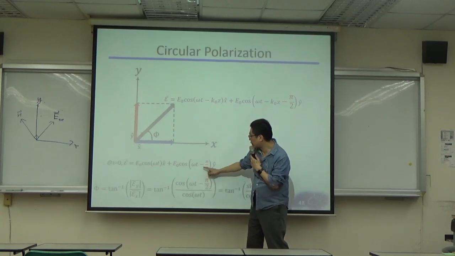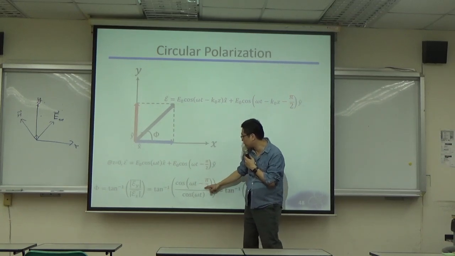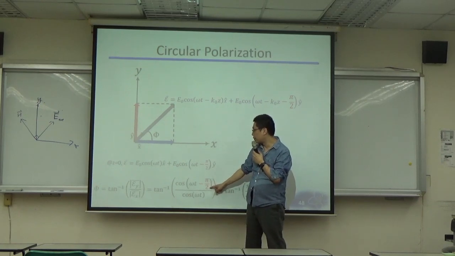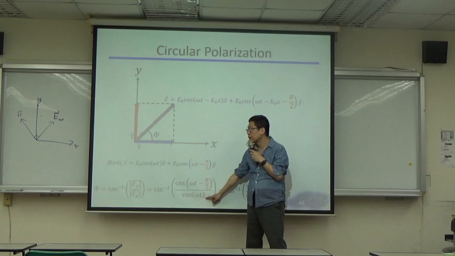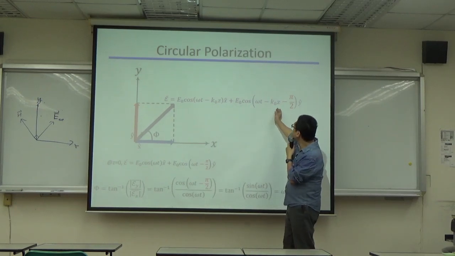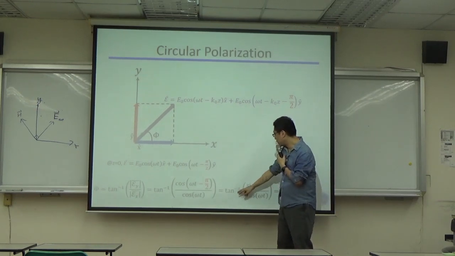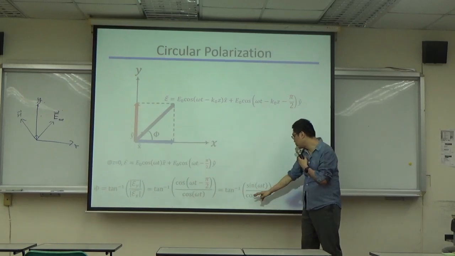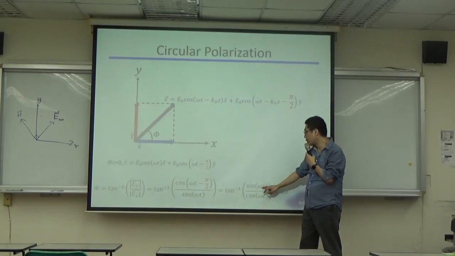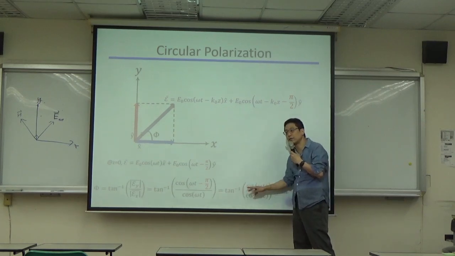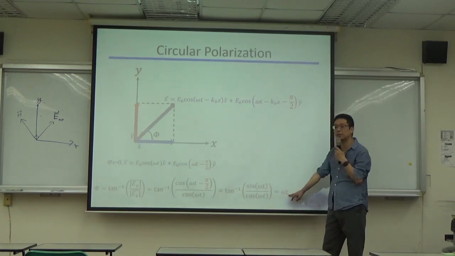One of the phases is cosine omega t minus pi over 2, and the other is omega t, so you have a phase difference. So your arctangent becomes sine over cosine, and tangent of phi equals omega t.